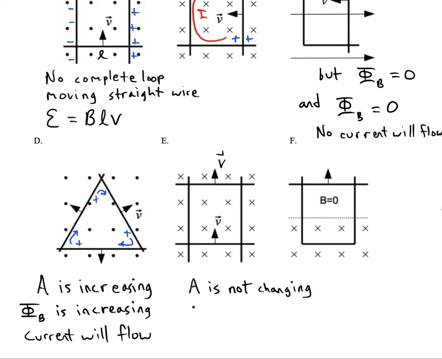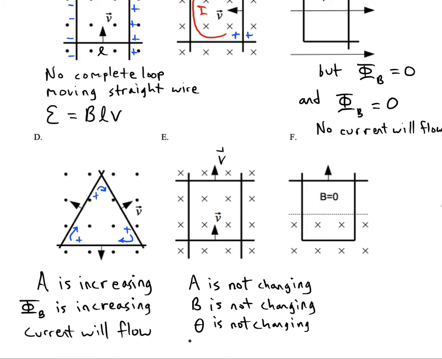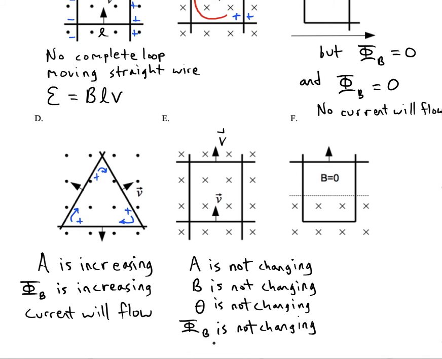And if A doesn't change and B doesn't change and the theta between them doesn't change, then that means that the magnetic flux is not changing. Therefore, no current will flow.